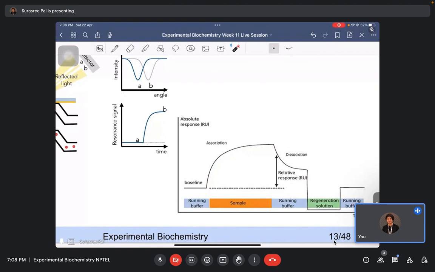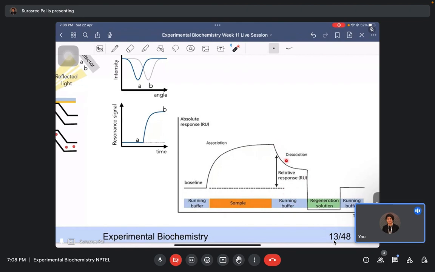After a certain point, when there is no more protein available for binding to the ligand, the signal flattens or saturates. After this point, we again pass the buffer through the flow chamber.